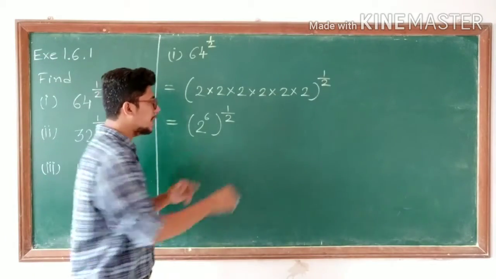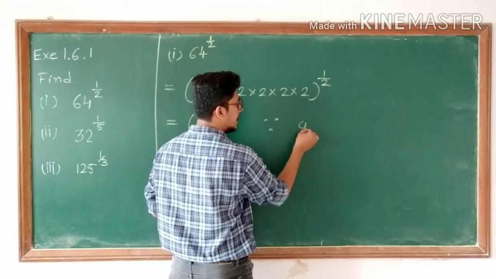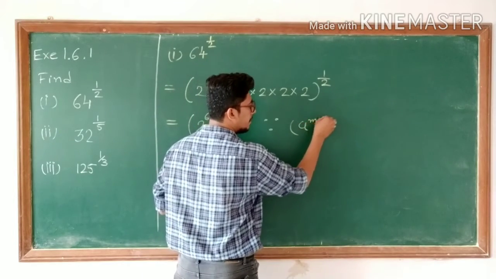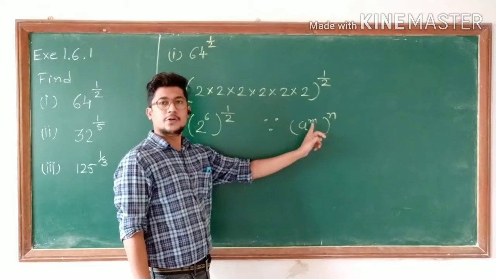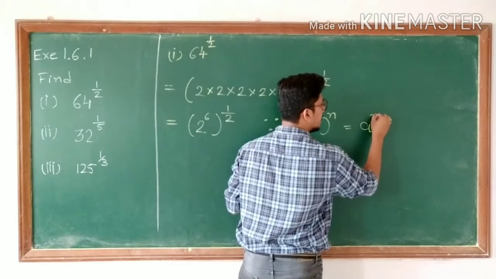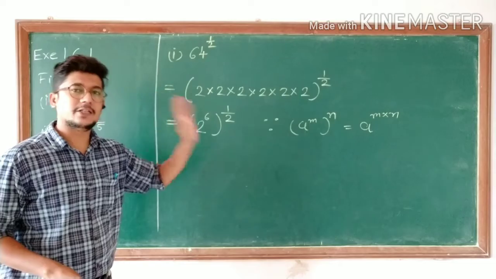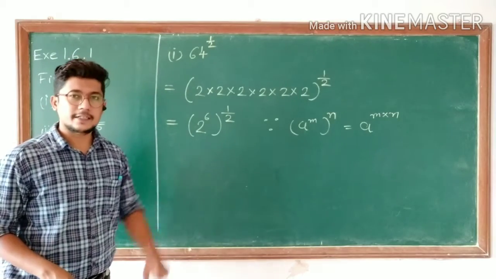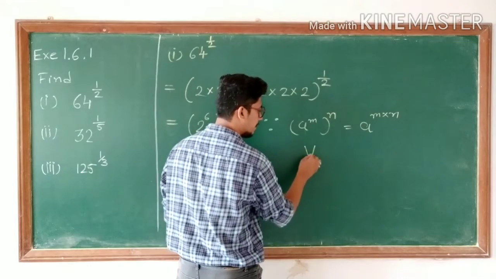Because a power m to the power of n is equal to a power m into n. We know this from the last session's identities.